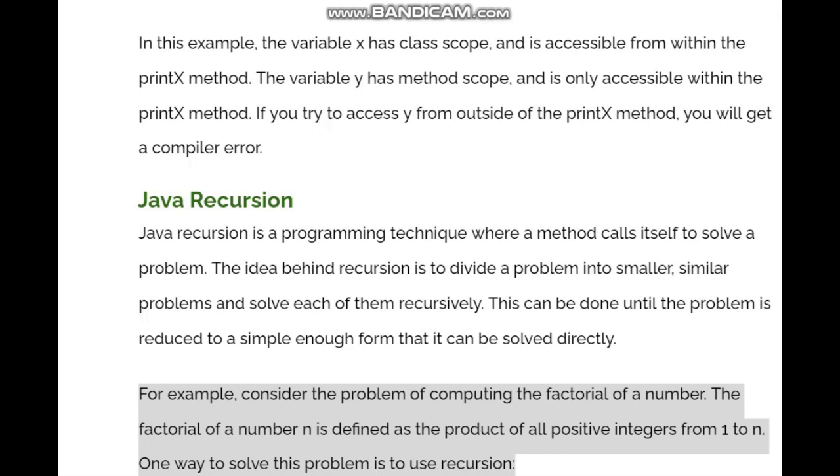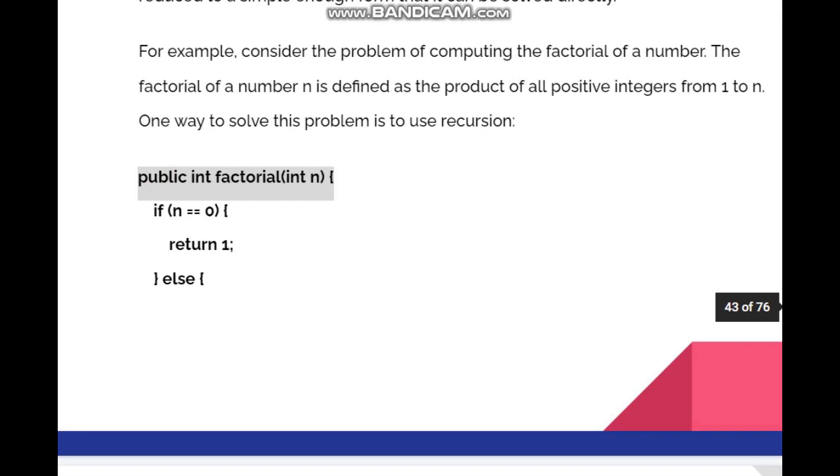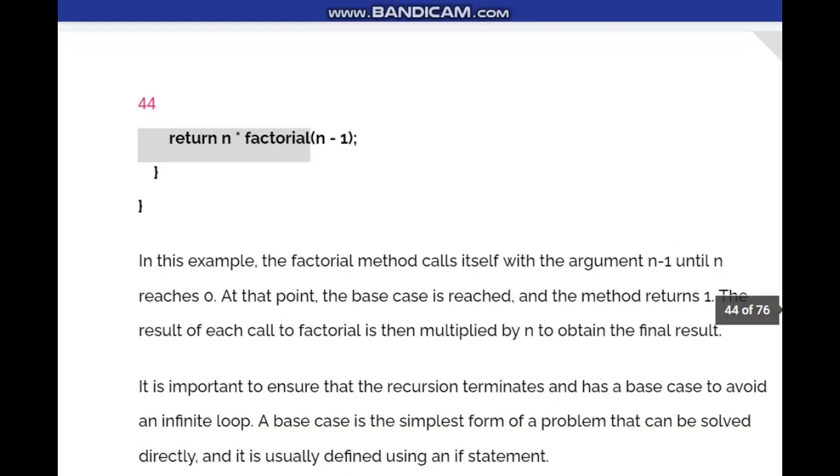public int factorial(int n) { if (n == 0) { return 1; } else { return n * factorial(n - 1); } } In this example, the factorial method calls itself with the argument n - 1 until n reaches 0.